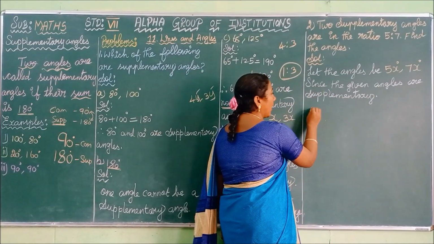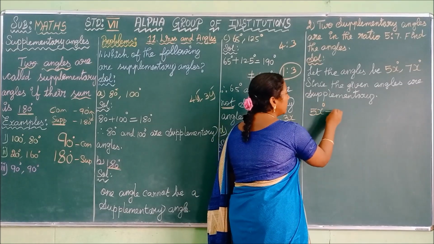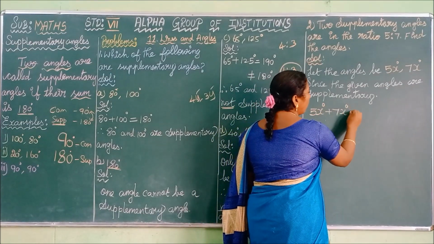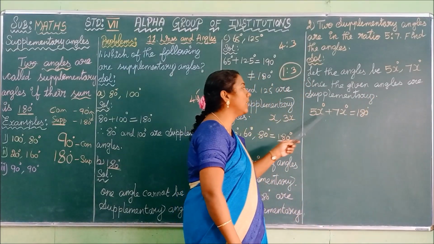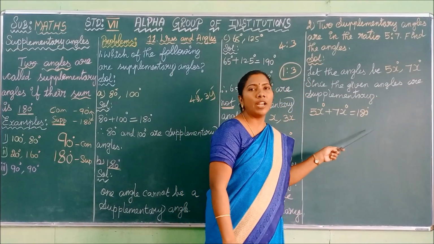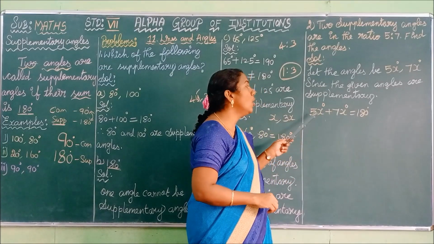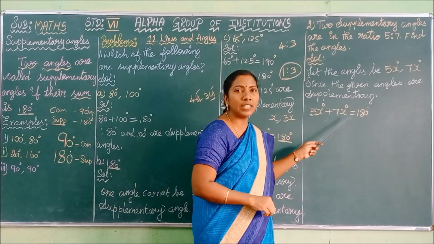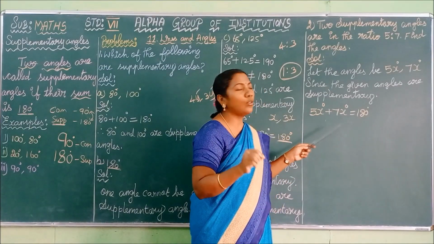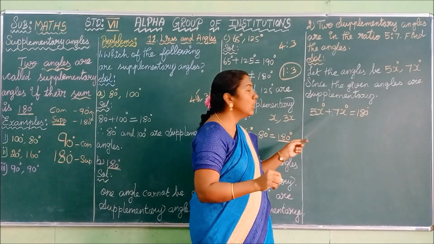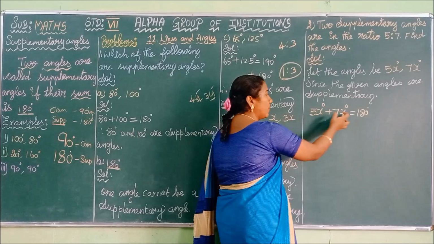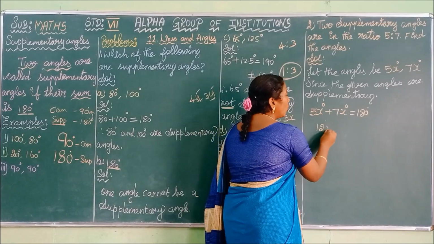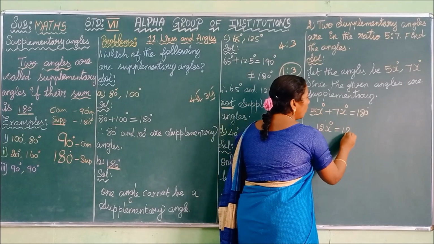So we have to write 5x plus 7x is equal to 180 degrees. We have to find the two values 5x and 7x. For that, first we have to find the value of x. These two are like terms, so we can add them. So 5x plus 7x, what is your answer? 12x equal to 180 degrees.